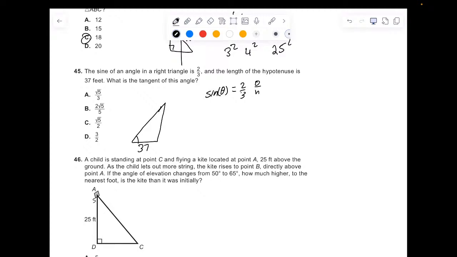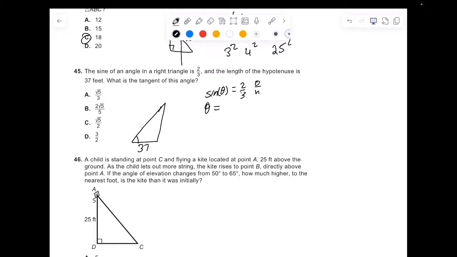And then the sine of an angle is 2/3. Okay, so theta. Let's see, what gives us 2/3? Man, I don't have a calculator that does this.